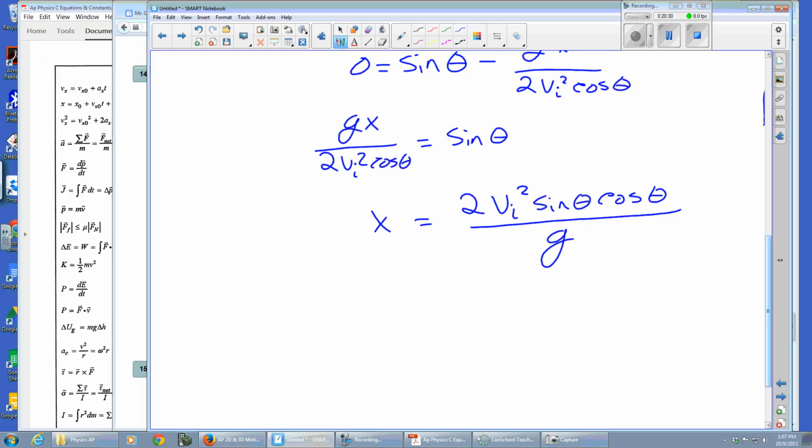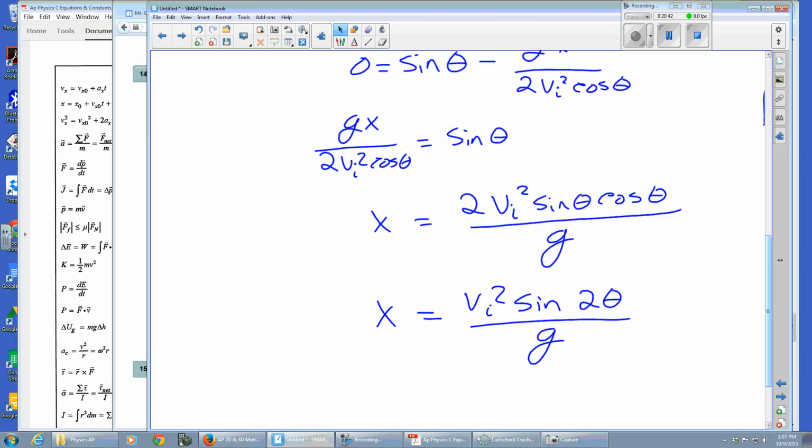And so this can be simplified to x equals vi squared sine of 2 theta all over g. That's normally how it's given. Those are the same thing. You have the trig identity of sine of 2 theta equals 2 times sine theta cosine theta.